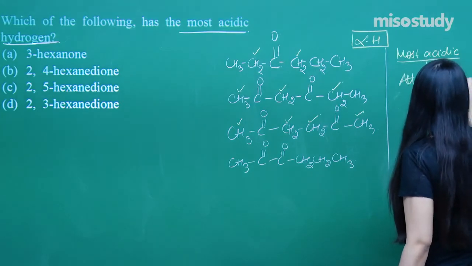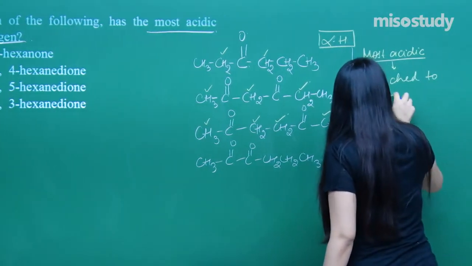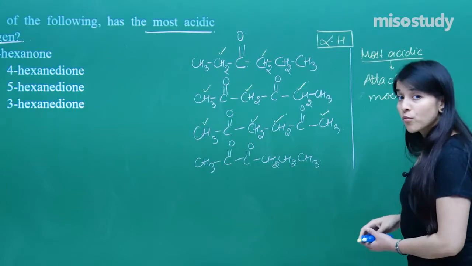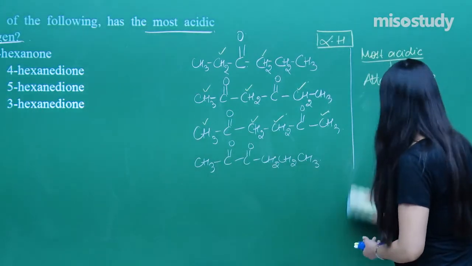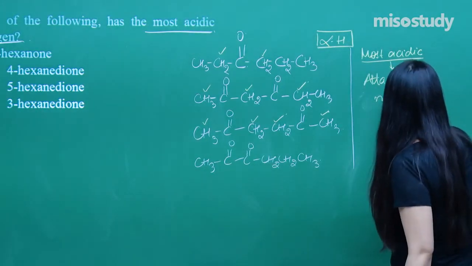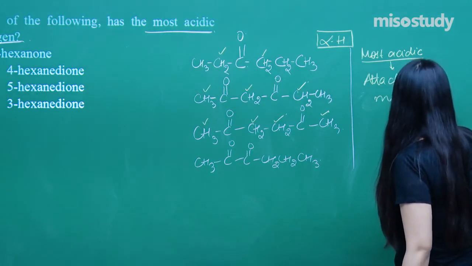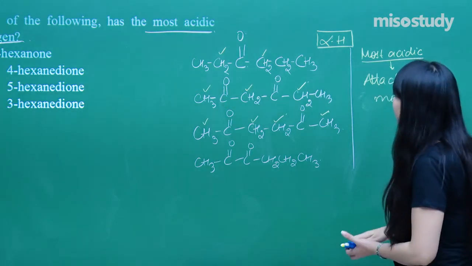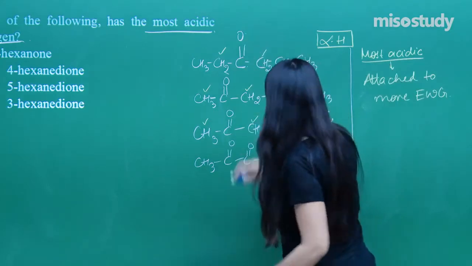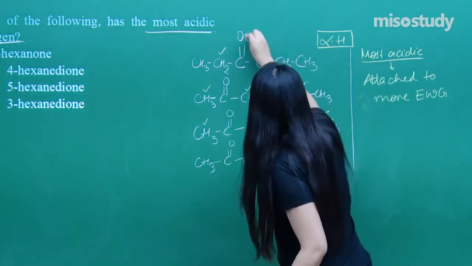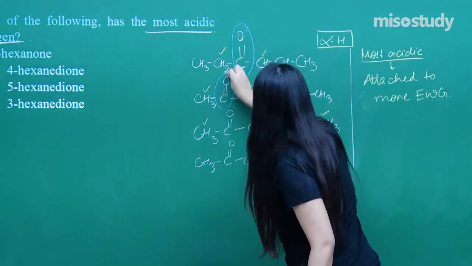So here what are the EWGs? We have the EWGs over here as these carbonyls, electron withdrawing groups.